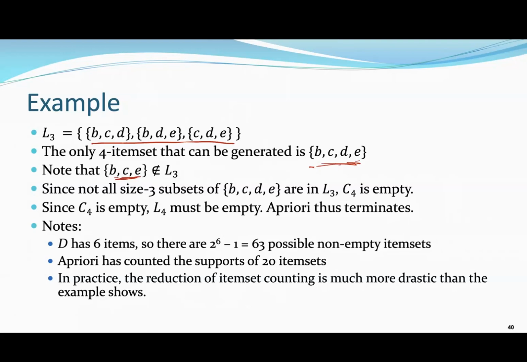So that means that BCDE cannot be frequent, and so we do not put BCDE in the set C4. So after this joining, we find that C4 is an empty set, so there is nothing more for us to count, and the a priori algorithm will terminate, right? So hopefully you understand the procedure of the a priori algorithm, all right?